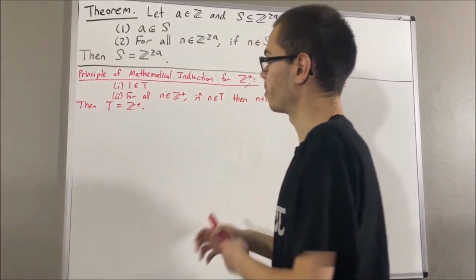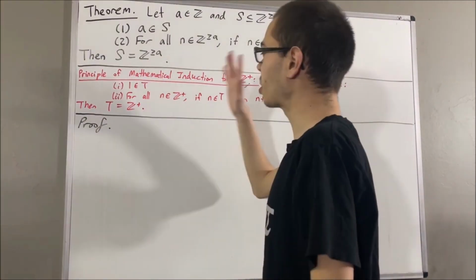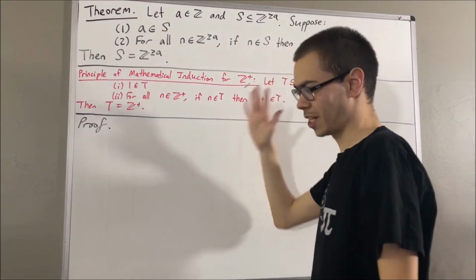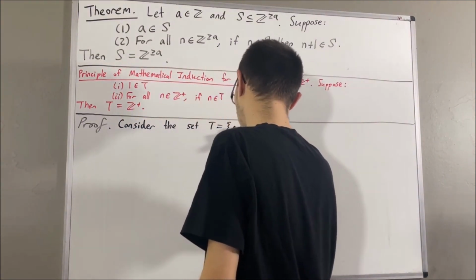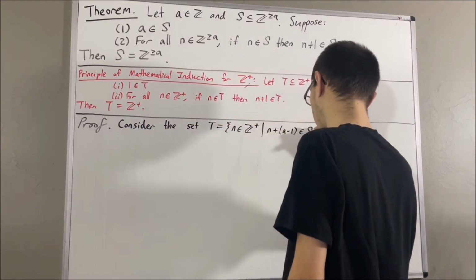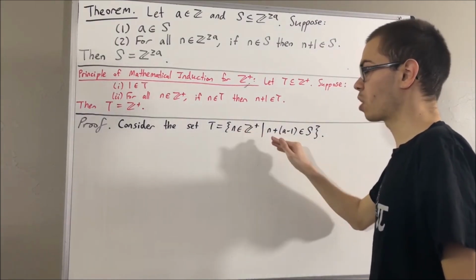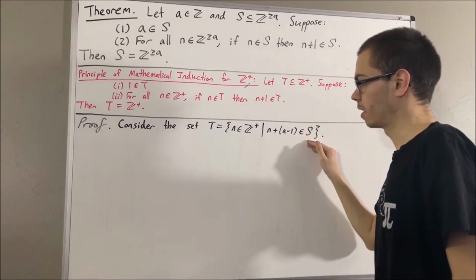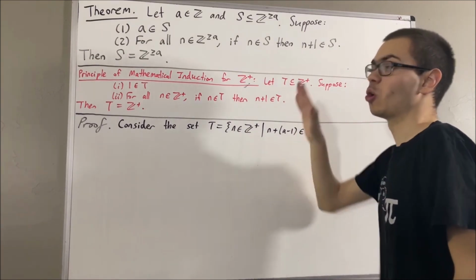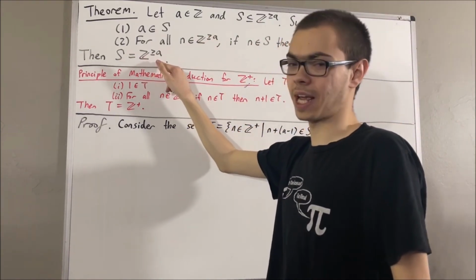Okay, so now let's get into proving this theorem. To start out the proof, we are first going to consider the following set. We consider the set of positive integers n with the property that n plus a minus 1 is an element of S. The motivation for this is we expect S to be equal to the set of integers greater than or equal to a.